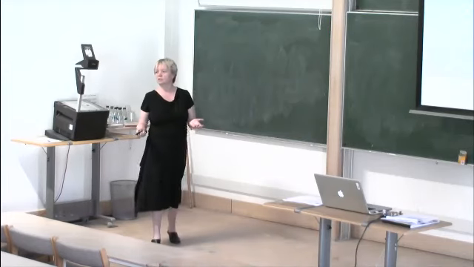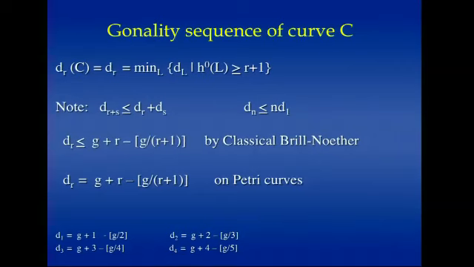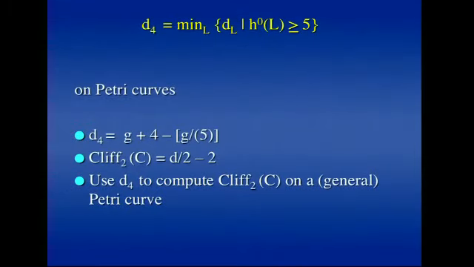Petri curves are general curves, plus some special curves. So this is the general case that you would like to study. And you actually have this D_r. Now, it turns out that for rank 2, D4 is of interest.